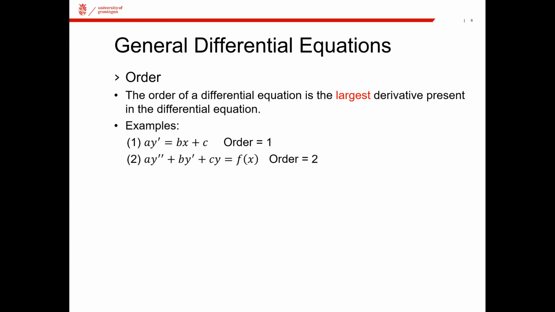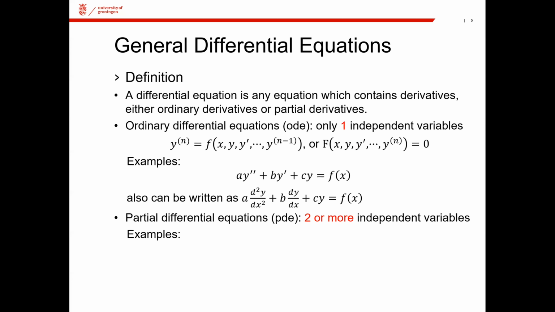Similarly, the second equation, the order is 2, and the third one here, the order is 4. And back to here, in this equation, similarly, we can know that the order is 2 because the largest derivative here is y prime prime. And here, similarly, the order is 2.